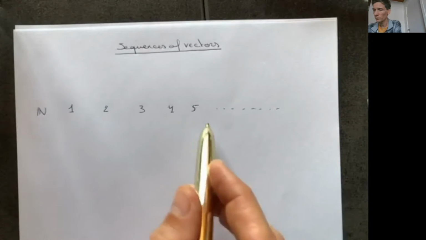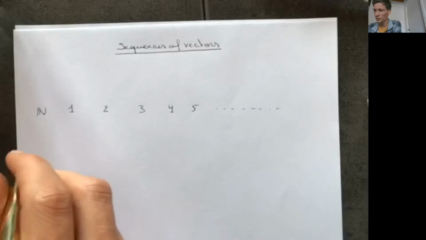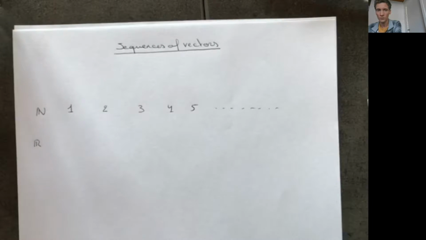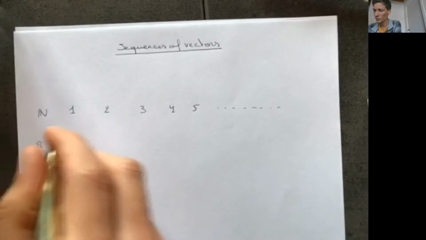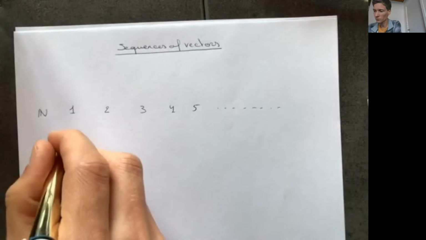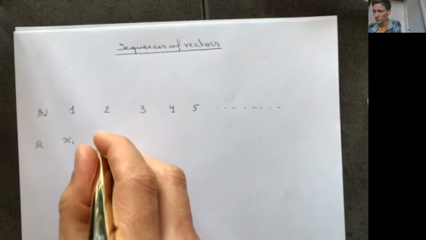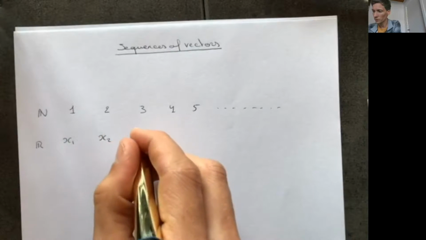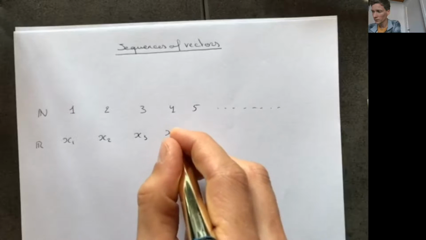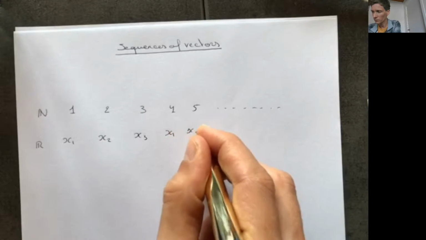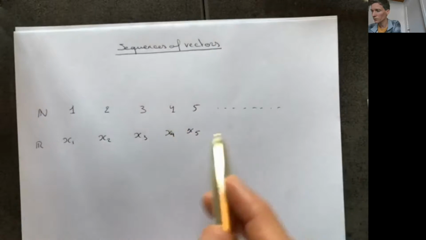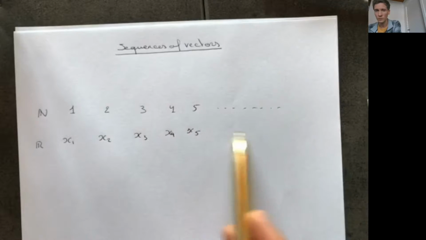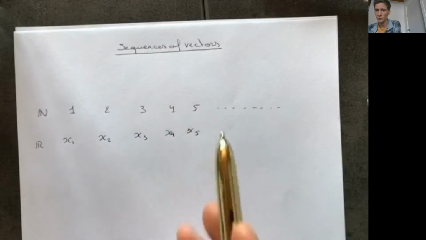And then to every number here, if you wanted to talk about sequences in R, we associated a number. So the first number was x1, the second number you can call x2, then the third number is x3, x4, x5. Okay, so this is a sequence of numbers, and there's no limit to the length of the sequence, right? So this goes on forever.